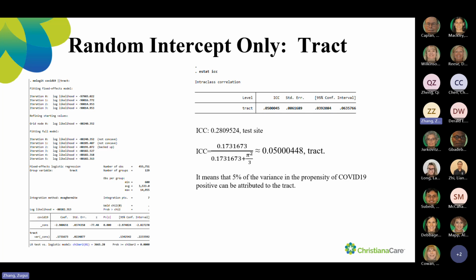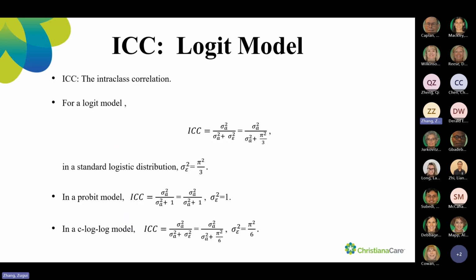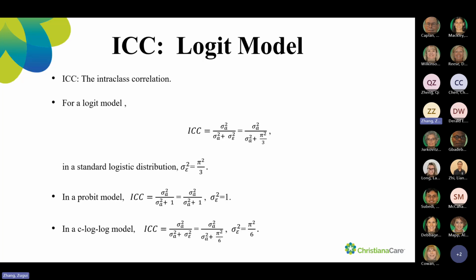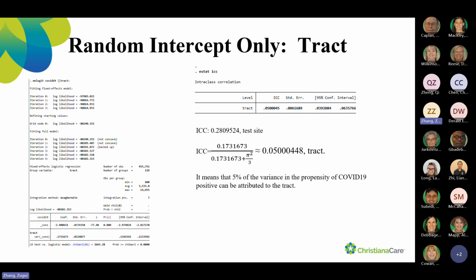Compared to track, the impact of test site is significantly larger, because the ICC for the test site is 28%, compared to the ICC for the track at only about 5%.